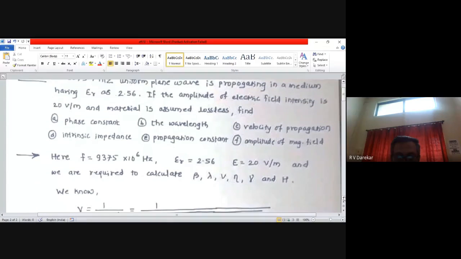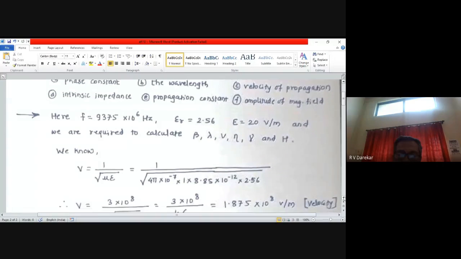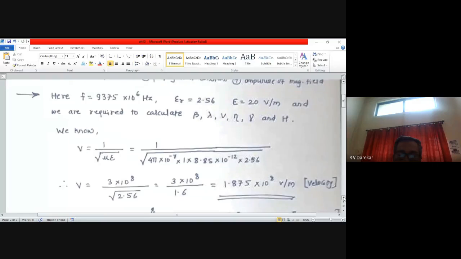So let us start. If beta is directly required, we are not able to calculate it because we will need a few other components. We'll start with velocity. I think everybody has calculators and is fluent in using them, but we'll try to simplify our work here. To calculate the velocity, we know v is equal to 1 upon under root mu epsilon.